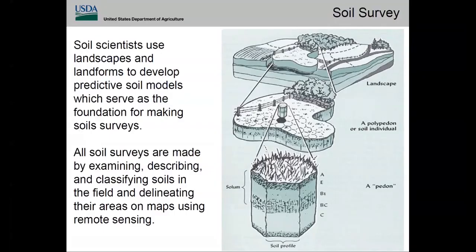So yesterday, Jacob and I talked about the important concept of soils as natural 3-dimensional bodies that form as a result of, remember, the 5 soil forming factors? And we use this concept to develop soil landscape or land formulations to inform us of what soils are most likely present on site.